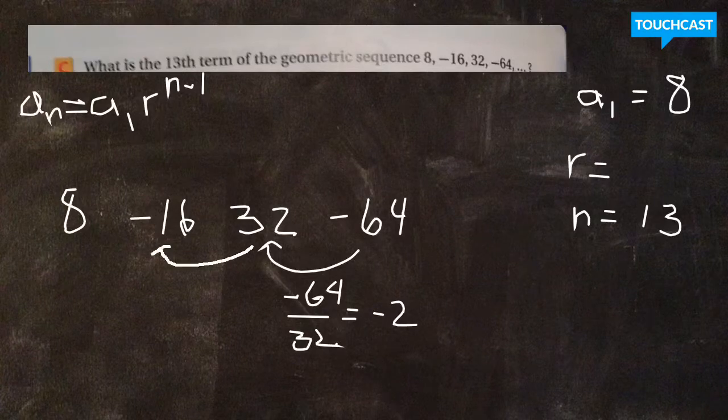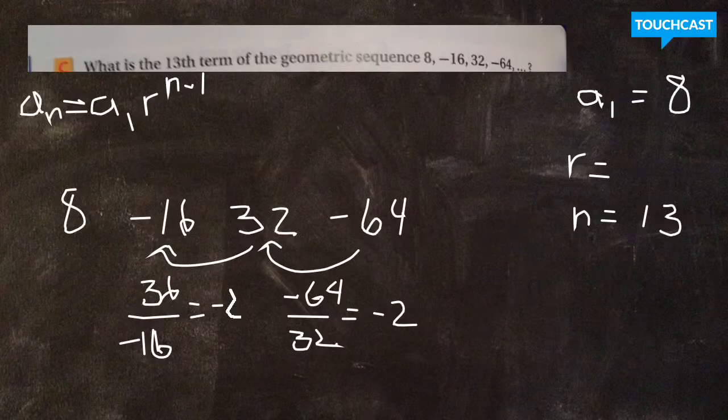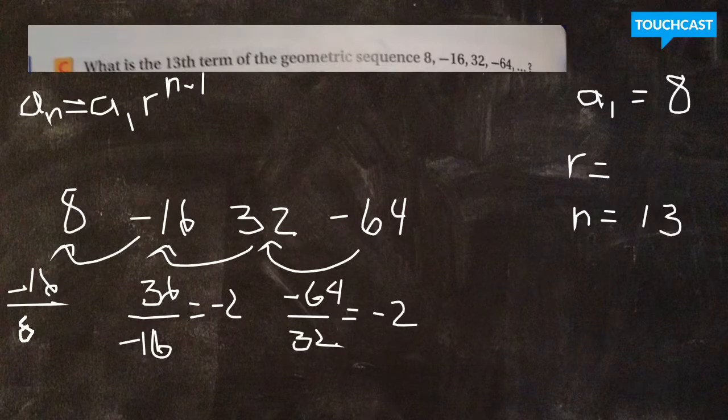We're going to go 32 over negative 16, which again is just negative 2. And then we're going to go negative 16 divided by 8, which is again negative 2. So r, we can safely say, is negative 2.